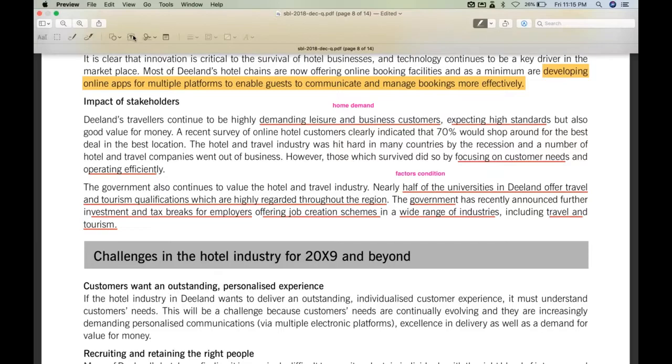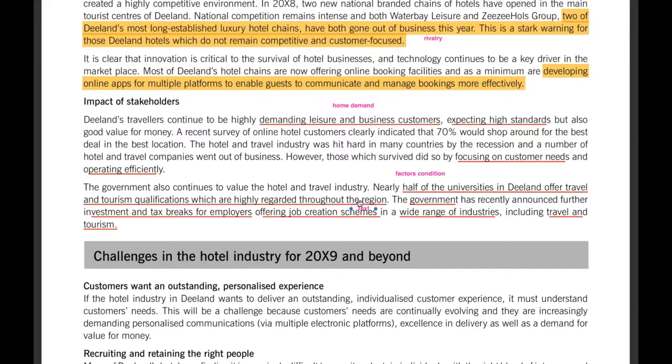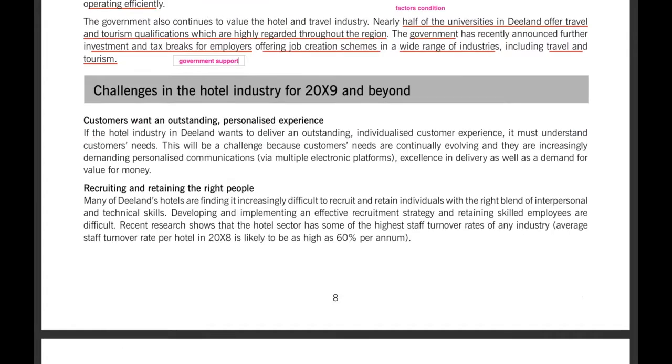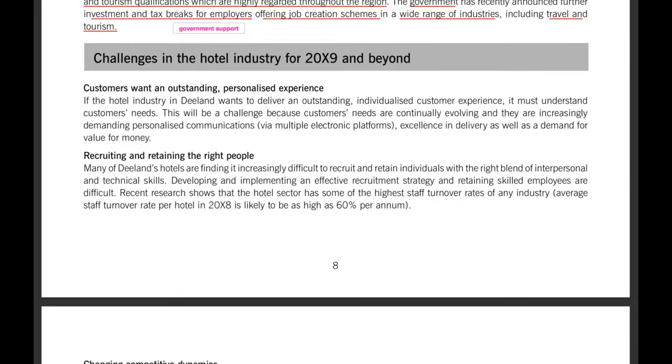So basically, this is government support. Okay, so that's what you have.